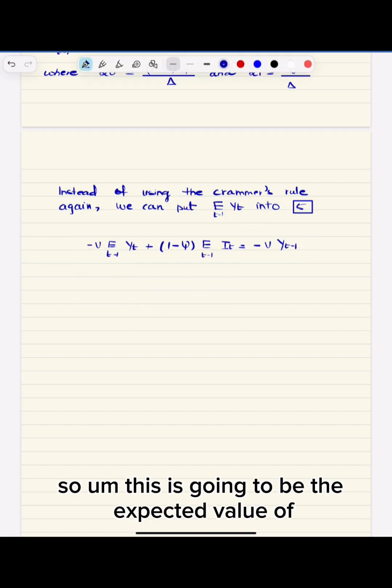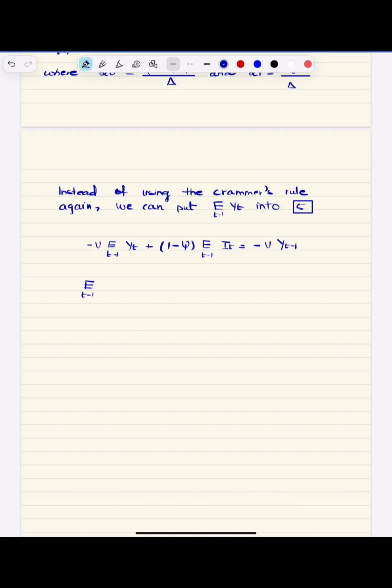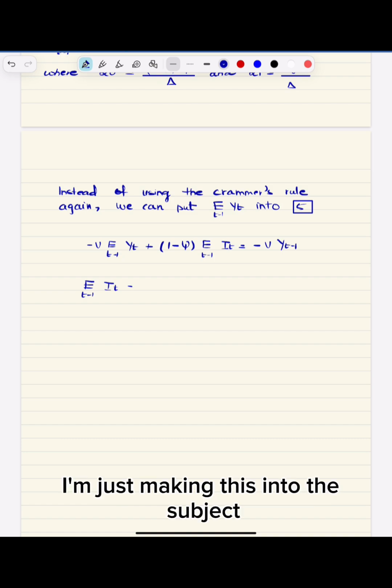Okay, so this is going to be the expected value of current investment. I'm just making this the subject.